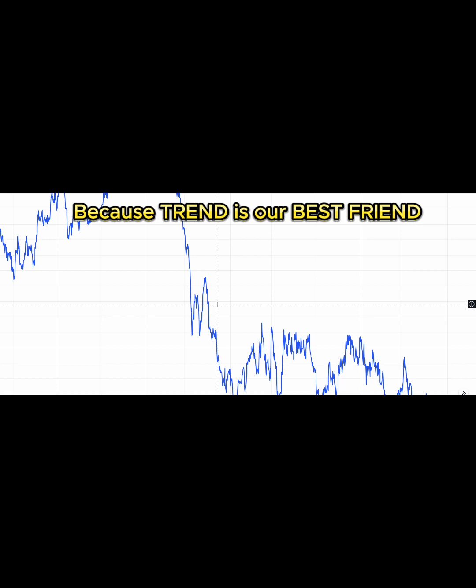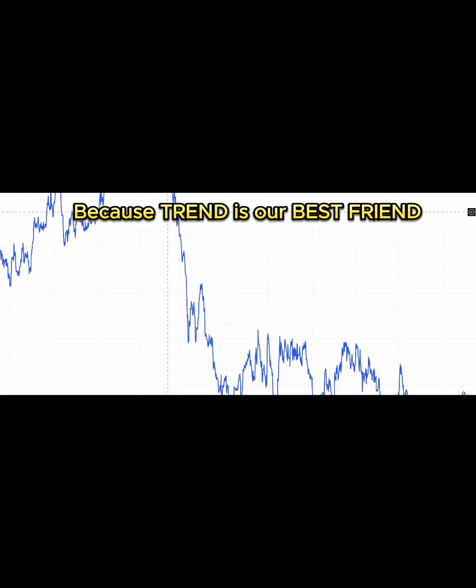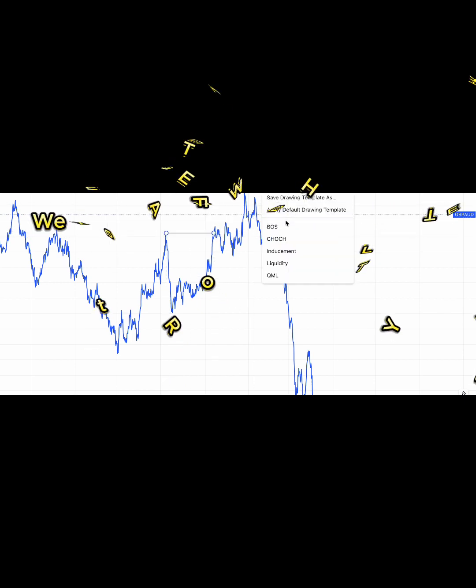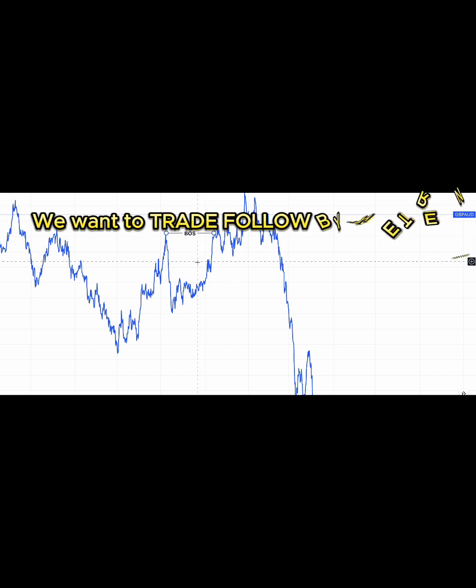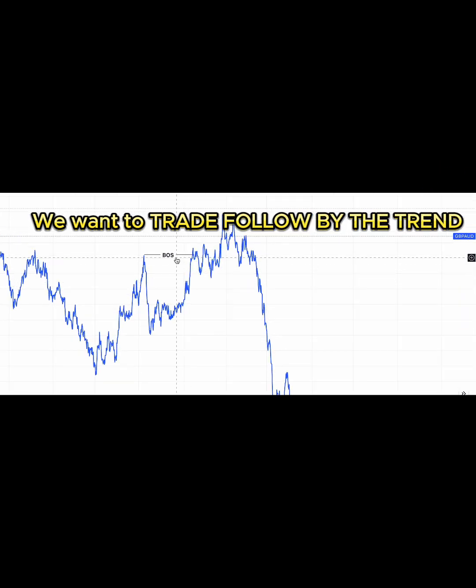When you look at the line chart, you can see here this is an uptrend and here is a downtrend. For the uptrend, as we mentioned just now, when the price creates a higher high, this is the BOS. By the end, the price here failed to break another new higher high.